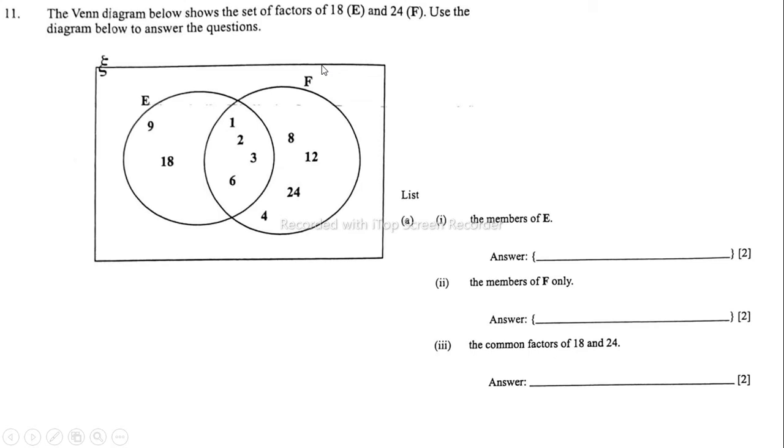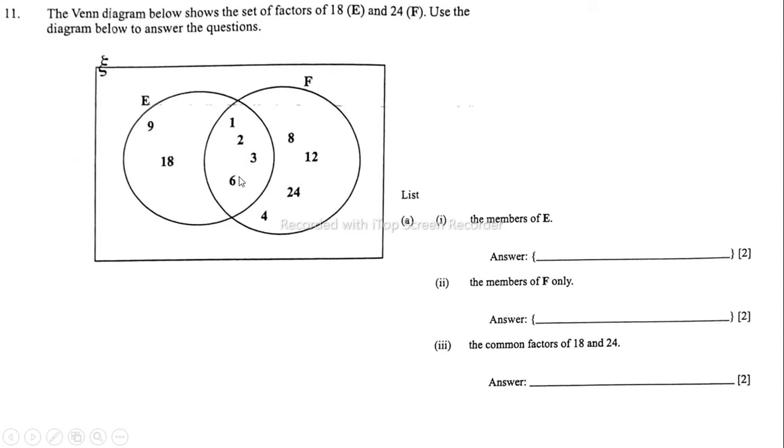Now, based on this diagram, what are the factors of 24? 1, 2, 3, 4, 6, 8, 12, 24. Very good. So the factors of 24 are given in the F circle, right? And the factors of 18 are given in the E circle, okay?